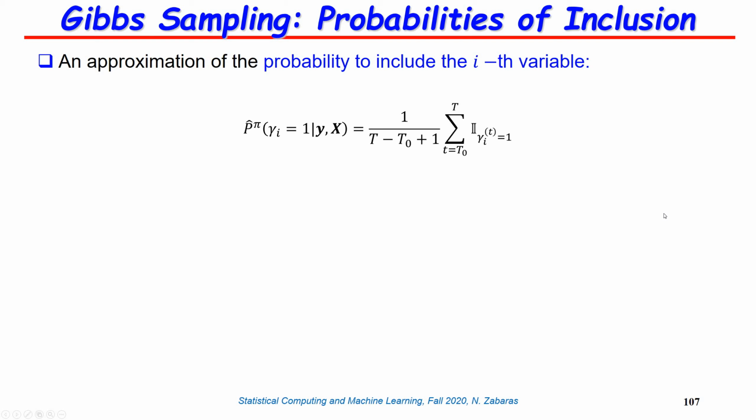Now you may also ask the question, what is the probability that a particular explanatory variable gamma i is in the model, any model?